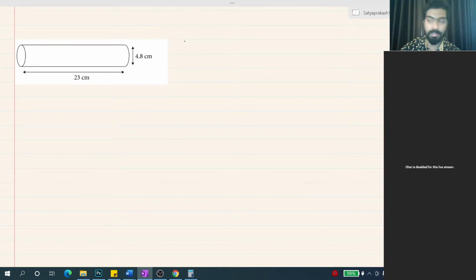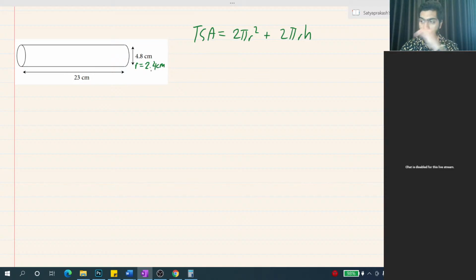So again, let us start off by writing the formula down. TSA is 2 pi r square plus 2 pi r h. And now here, 4.8 is the diameter, so the radius would be 2.4 centimeter, half of it.